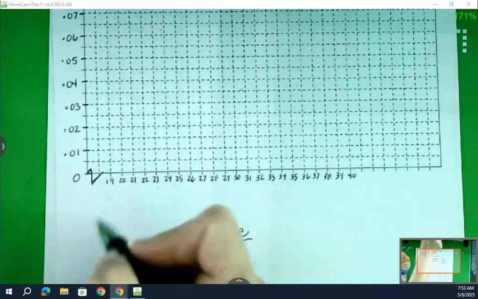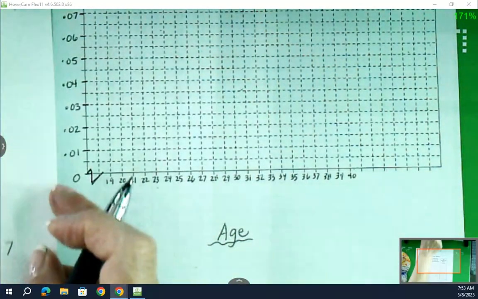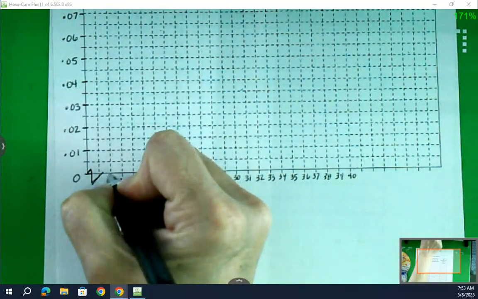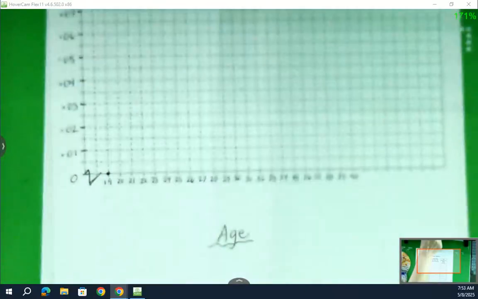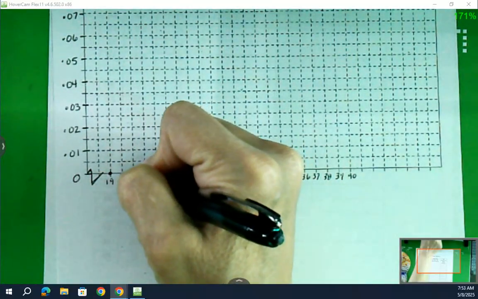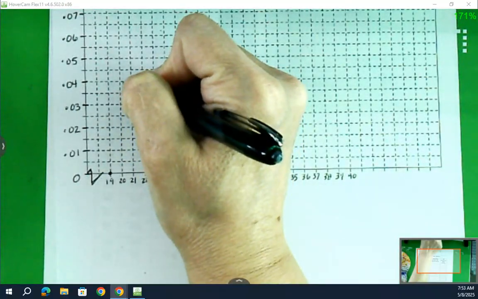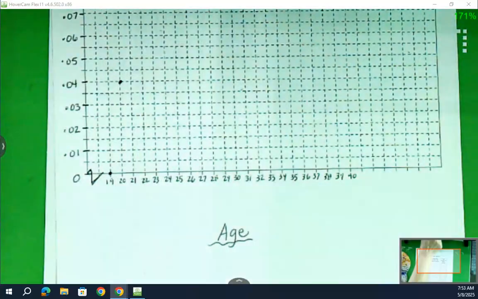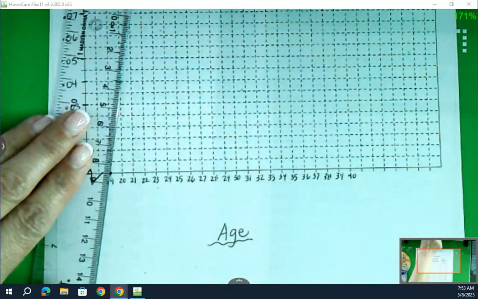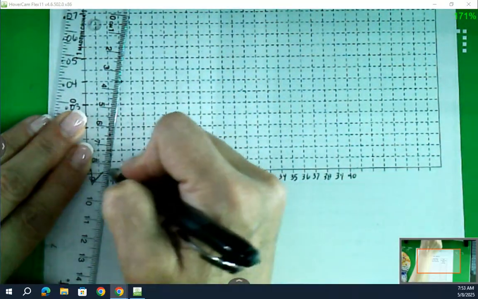All right, so our first value on our chart was 0. So at 19, his number was 0. At age 20, it was 4% of the time. So along the 20 line, we're going to go to 0.04. And then you're going to use your ruler to connect those points.